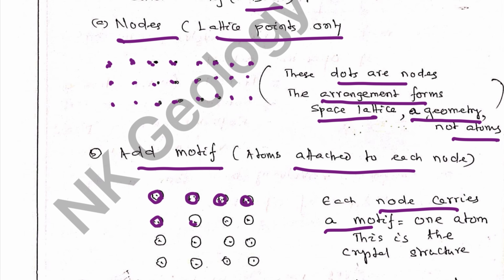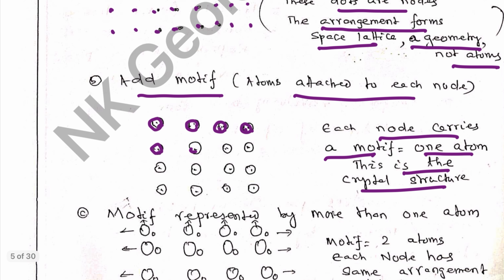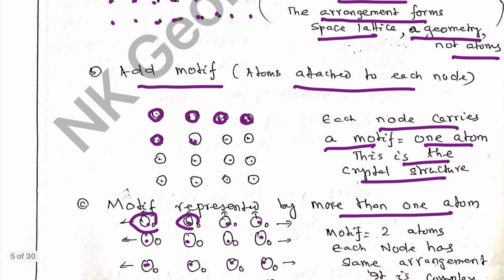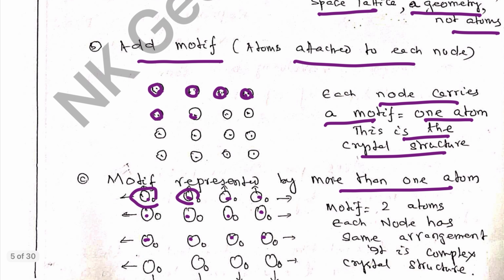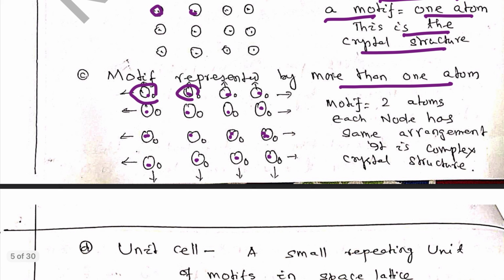Each node carries a motif made up of one atom. This is a type of crystal structure. Similarly, if the motif is represented by more than one atom, the two atoms are located at the same node, the same lattice point. So this gives rise to a pattern of atomic arrangement.